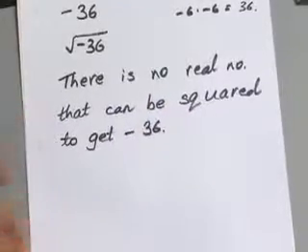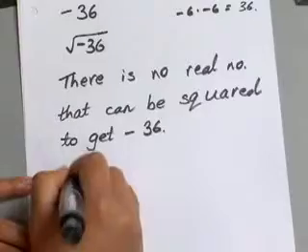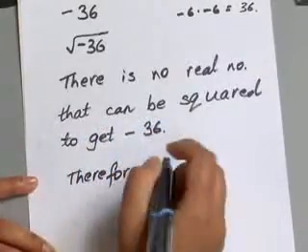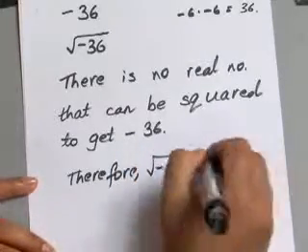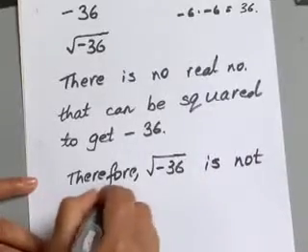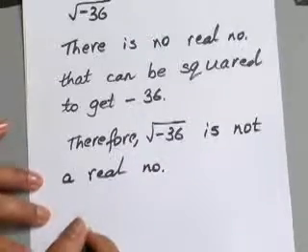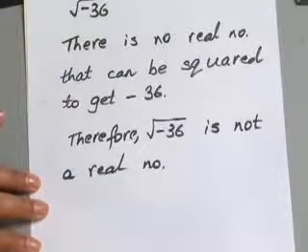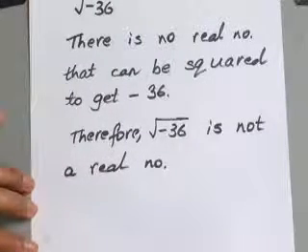So basically we would say that the square root of negative 36 is not a real number, because you cannot come up with any solution for this square root. And of course, anytime you have a negative real number and you try to find its square root, the roots are always going to be non-real.